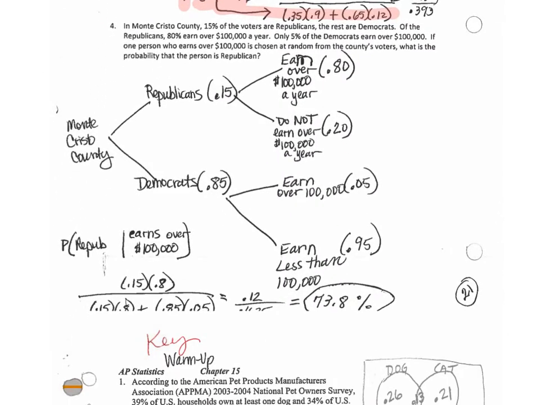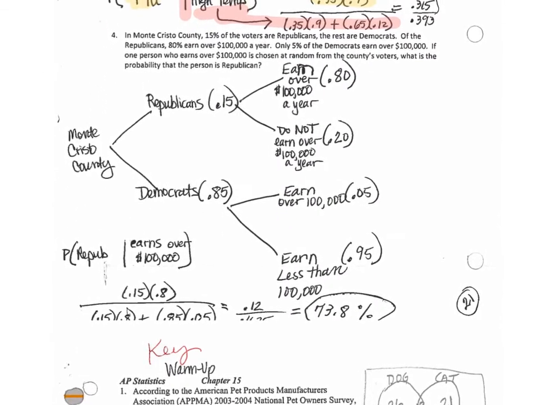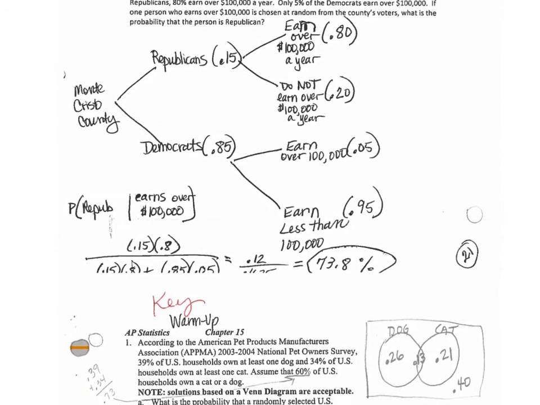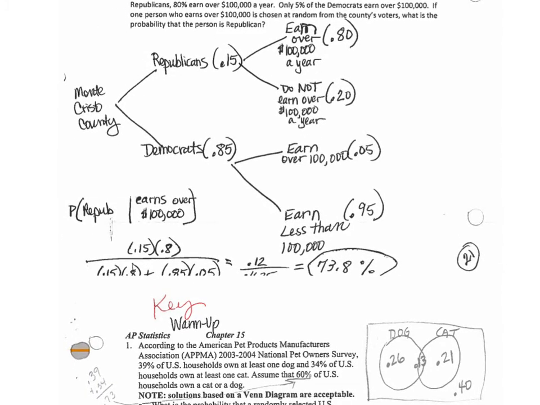And then here is the earning with Republicans. It said, given that you earn over $100,000, what is the probability that you are a Republican? So I have to put all of the earning over $100,000 on the bottom, and I have to put the Republican piece to that on top.